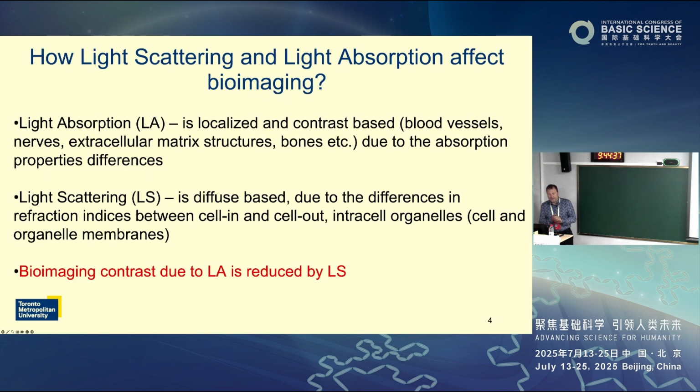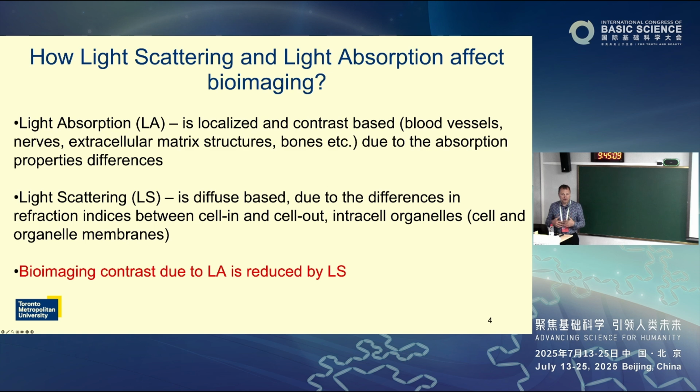So, how do light scattering and light absorption affect bioimaging? That's basically what we are going to concentrate on today, in the application of bioimaging. Light absorption is usually a localized and contrast-based phenomenon that gives an opportunity to image blood vessels, nerves, extracellular matrix, bones.